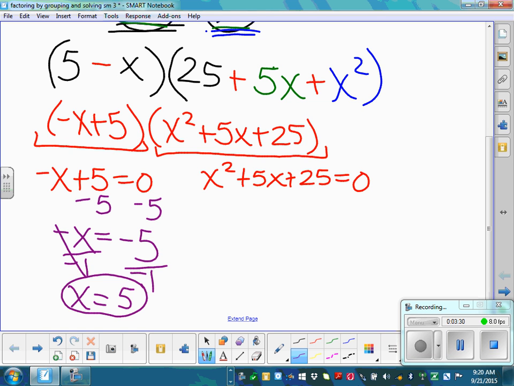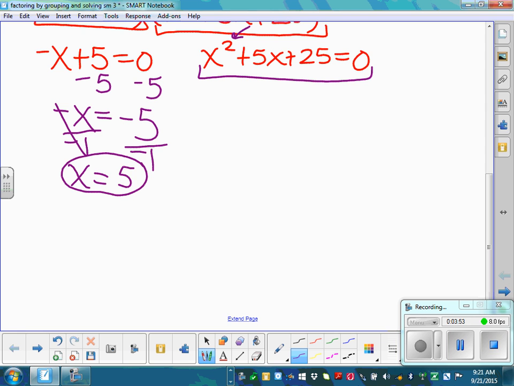Now looking at this, it's quadratic, degree 2. Can we just quickly simplify it? Can we just quickly solve for this? We can't do it quickly. It's going to take us a minute. So we can solve by factoring if it's factorable, or we can solve by the quadratic formula. It's not factorable, so I'm going to use the quadratic formula.